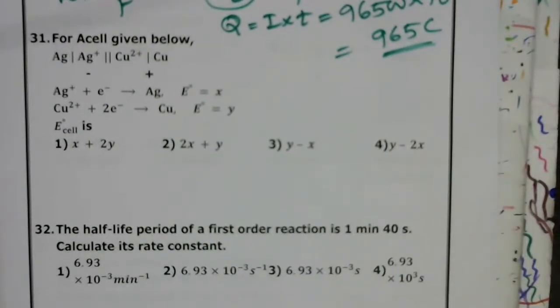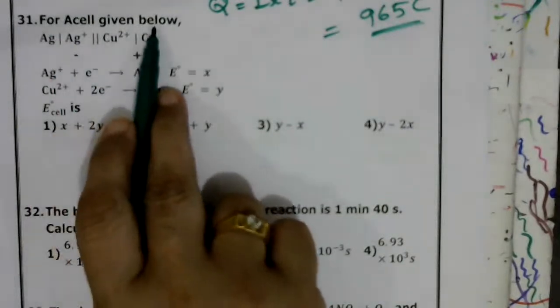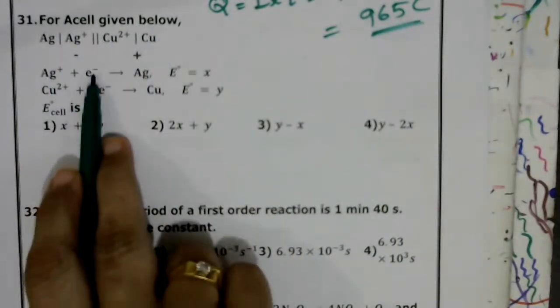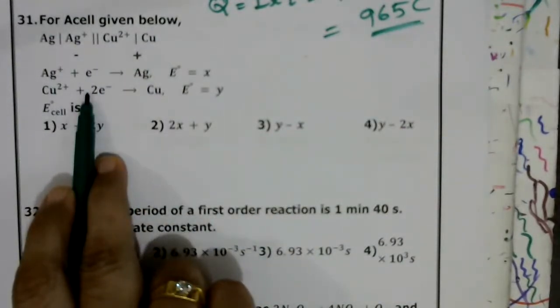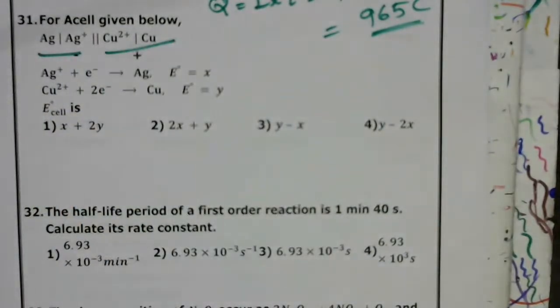Question number 31. The representation is given to you, as well as the reaction. Based upon the reaction, this will be anode and this will be cathode. Based upon the representation, we need to write this. We know very well that E naught of cell is always equal to E naught of cathode minus E naught of anode.